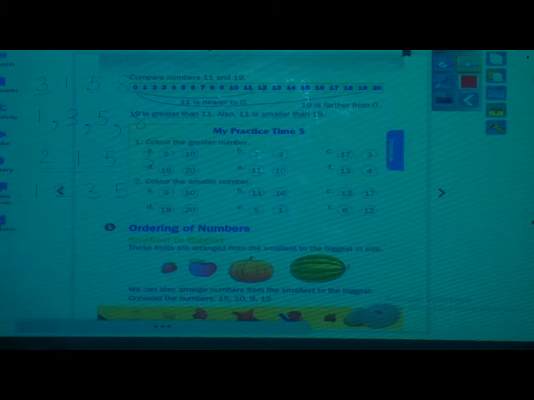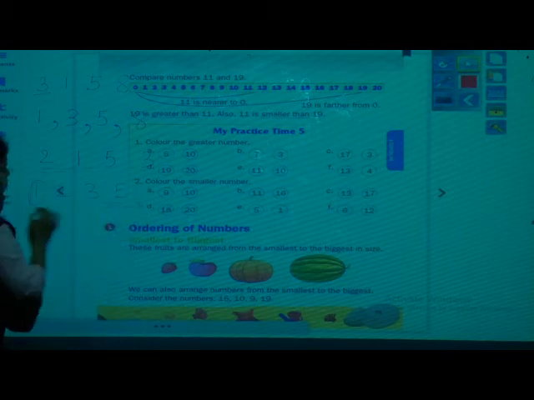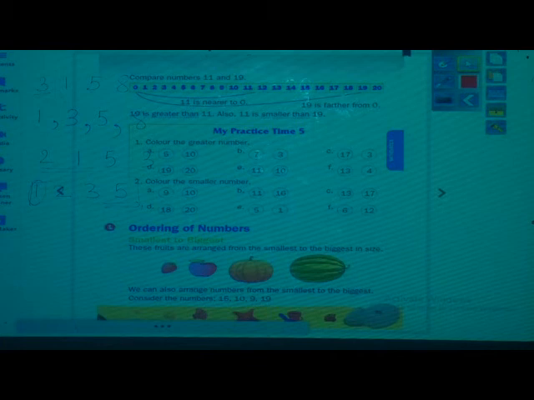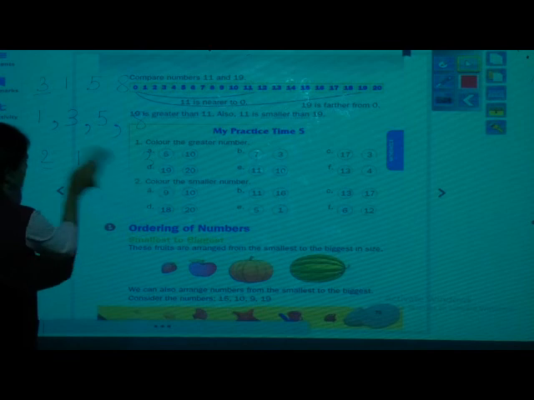I have arranged the numbers from smallest to biggest. 1 is small compared to all this. अगर आपने ये 2, 1, 5 और 3 को compare किया तो 1 सबसे smallest है. फिर उससे बड़ा 2, फिर 3 और सबसे बड़ा 5. So this is called smallest to biggest. Understood?